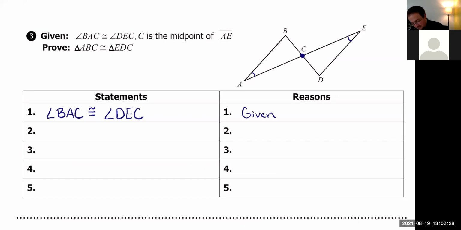Was given. And then the second thing that was stated was that C is the midpoint of segment AE, which was also given.